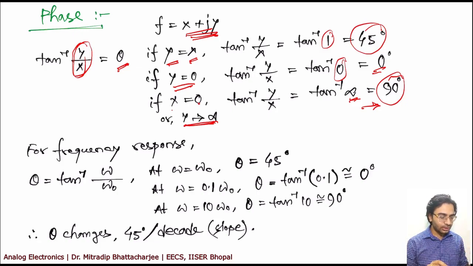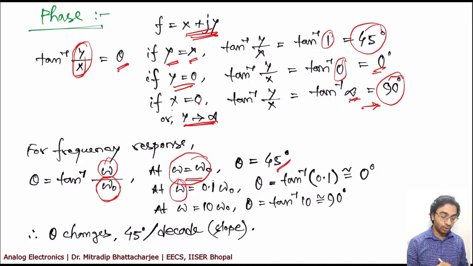And for frequency response, we also get the similar thing. Say you have a signal which has a frequency omega, and you have another signal which has a frequency of omega 0. So tan inverse omega by omega 0 will depend on whether omega is equal to omega 0 or not, or what is the difference. So if you consider omega equal to omega 0, you will find your phase is 45 degree because it's tan inverse 1. Now consider omega equal to 0.1 of omega 0.